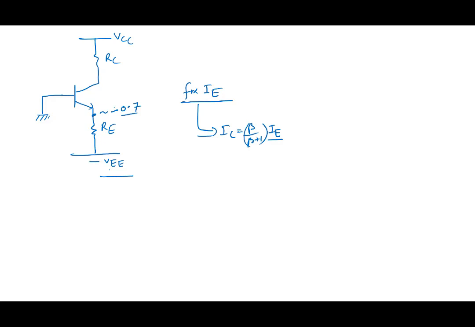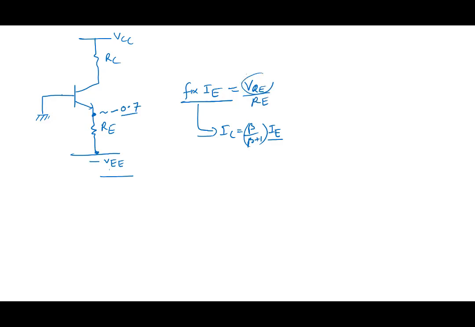The voltage drop across this particular resistor needs to be defined, a fixed drop across the resistor, and that divided by RE gives the current. So IE equals the net drop across the resistor, VRE, divided by RE.